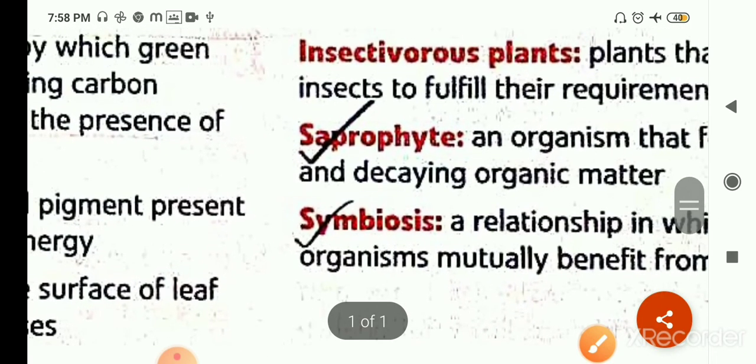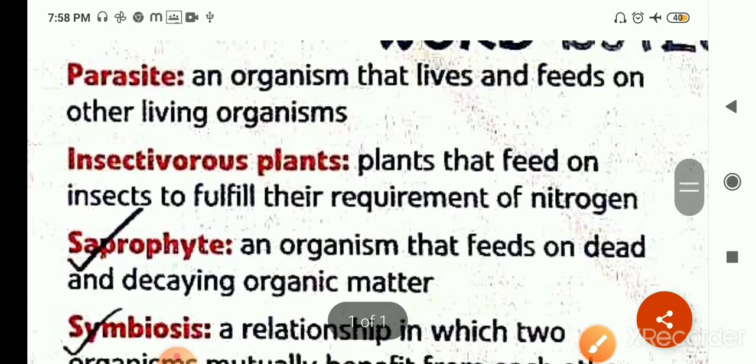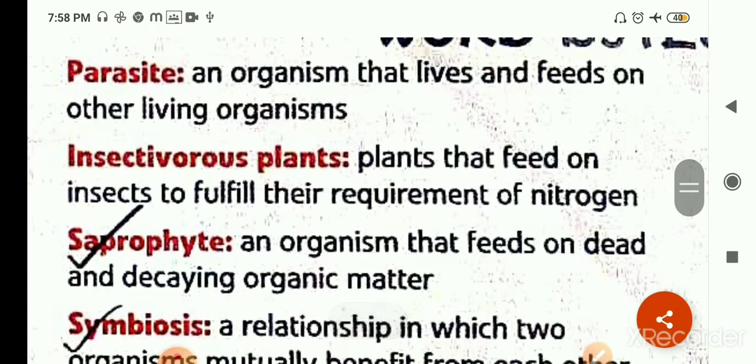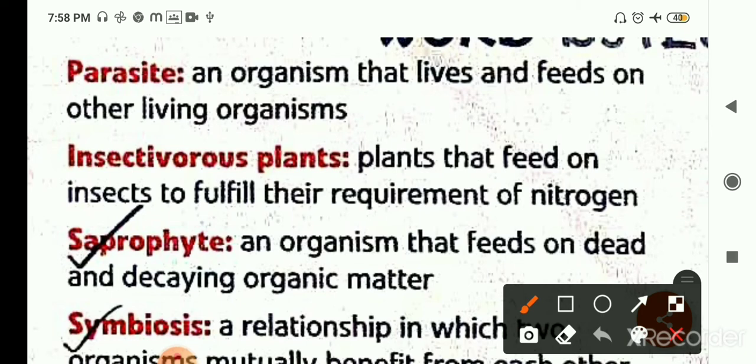Okay. Now next definition is parasite. An organism that lives and feeds on another living organism or host is called a parasite.